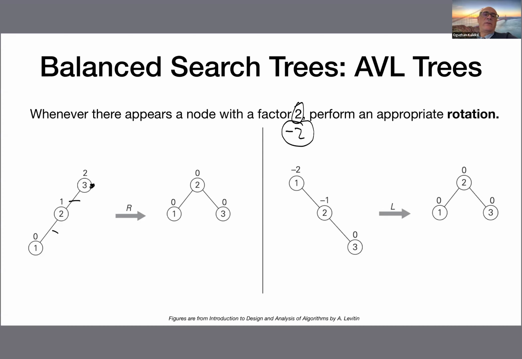Actually it matters. When you insert something to here, then to make it balanced, you will be making exactly the reverse rotation. So that is the mirror rotation that will give you this one. This is the L rotation. Why? Because now here we are rotating towards the left.